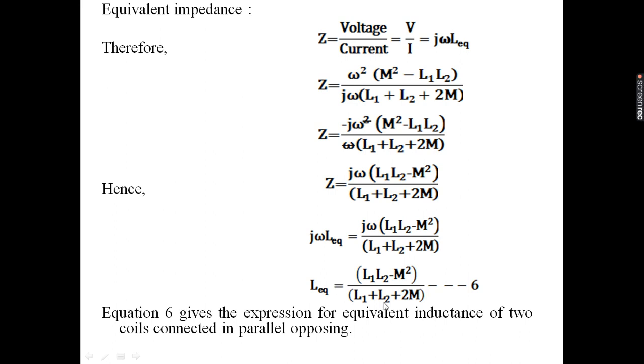So the only difference between the expressions for equivalent inductance in parallel aiding and parallel opposing is that the numerator is the same, and only in the denominator we got plus here; in that case it is minus. So equation 6 gives you the expression for equivalent inductance of two coils connected in parallel opposing.